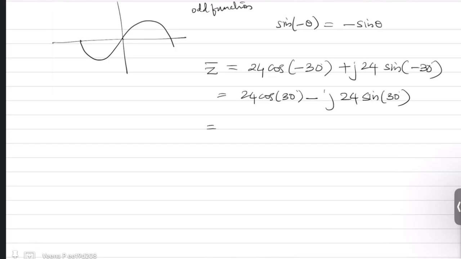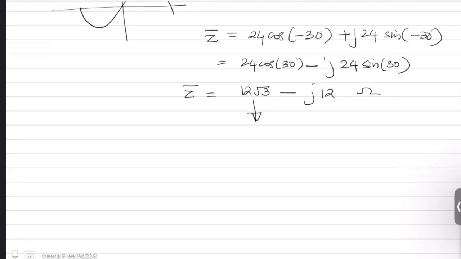So this will bring us cos 30 is 0.866. So this is 12 root 3 minus j 24 sine 30 is 0.5, which is 12. So this is your impedance, where this is your resistance, and you see that the reactance part is now negative. That means this whole thing is a capacitor.